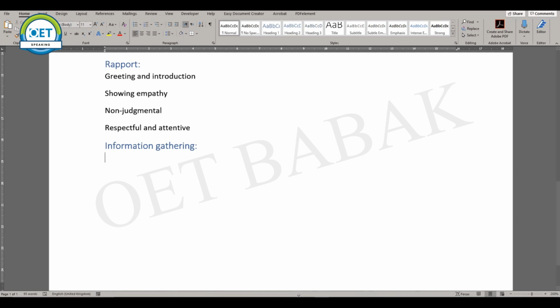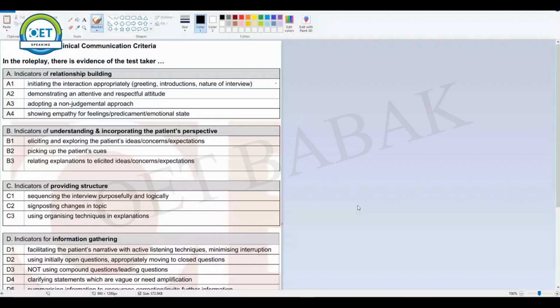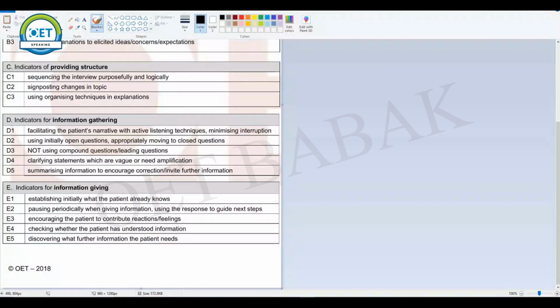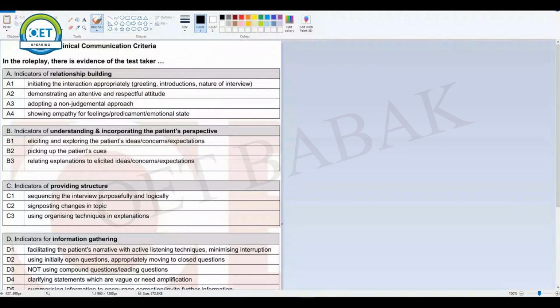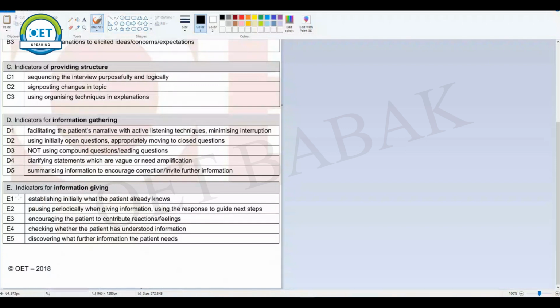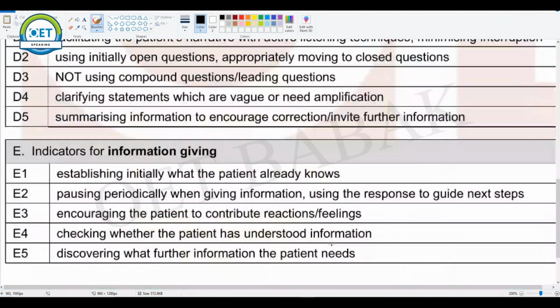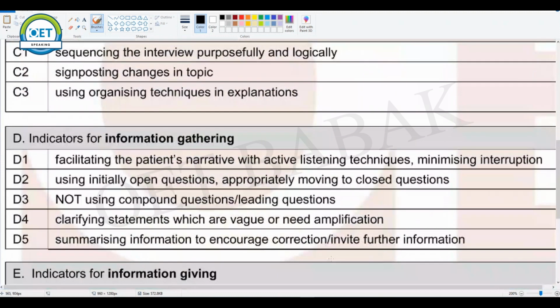But what are the marking criteria? You see, I'm not saying this in the same order. Information gathering is D, is this part. And in information gathering, what you're supposed to do is these five.